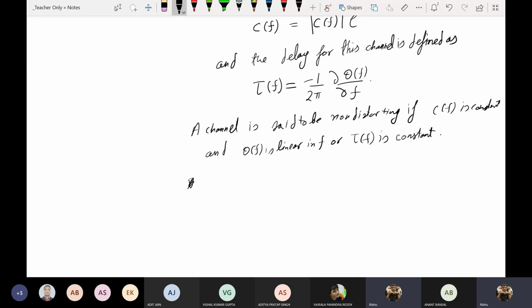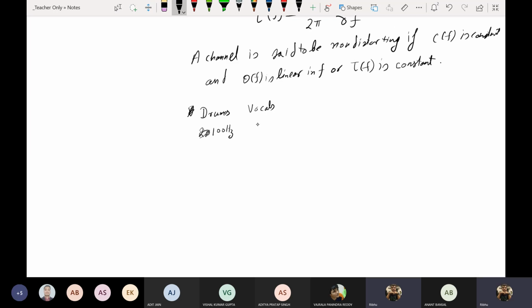There are drums around 100 hertz, vocals around 1 kilohertz, wind instruments, say flutes, around 5 kilohertz, and string instruments around 10 kilohertz.